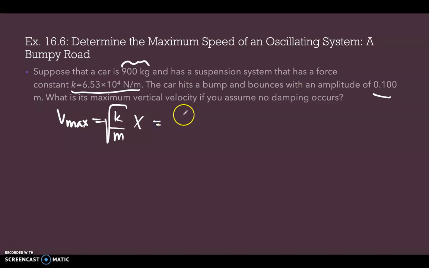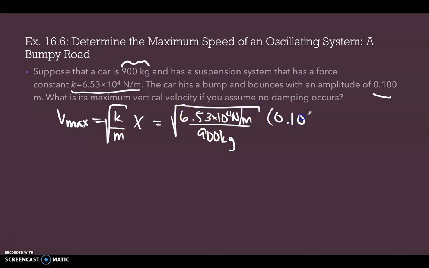Okay, so we're going to have the square root of K, which is 6.53 times 10 to the 4th Newton per meter, divided by our mass, which is 900 kilograms, times our amplitude, which is 0.1 meters.